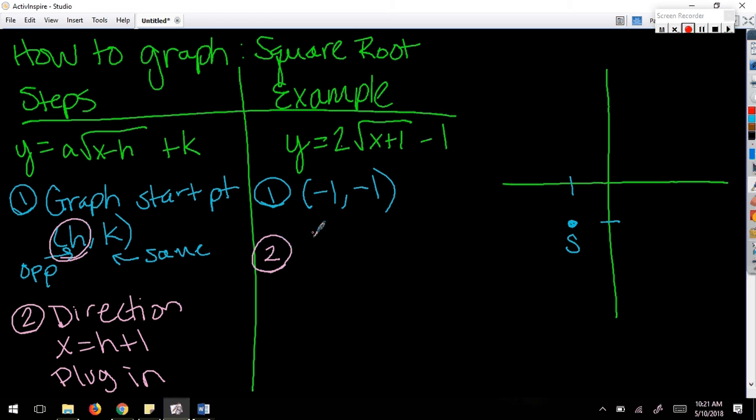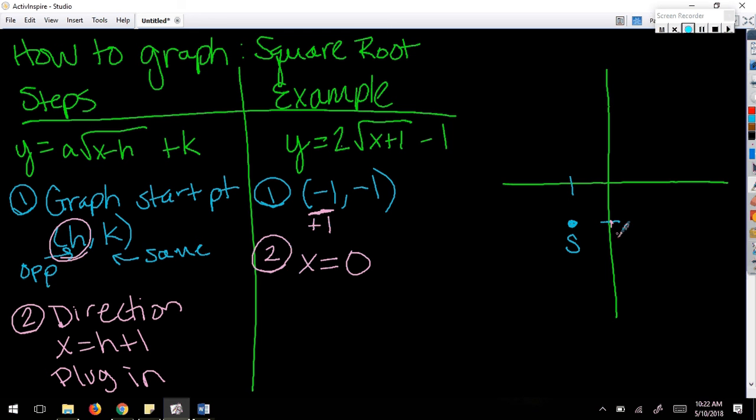So here, if I did +1 to this one, it would be 0. So you just do the problem. If I add 1 to my start point, in other words, here's where I started, I just want to move over 1 to the right. You just add and plug it in, because I've got to find the direction point. I need to know where it is so I can draw it. I just add 1 to H.